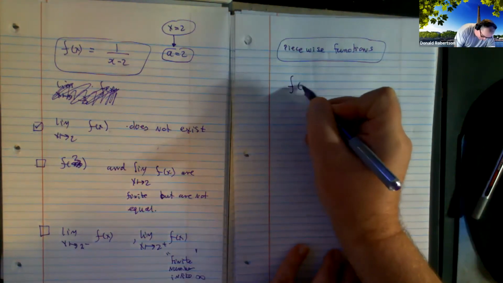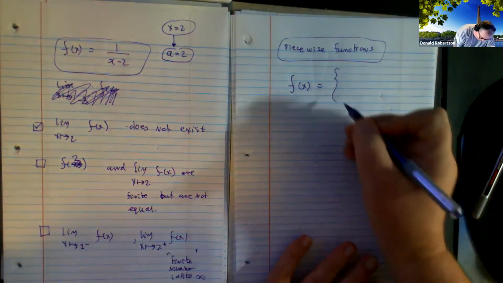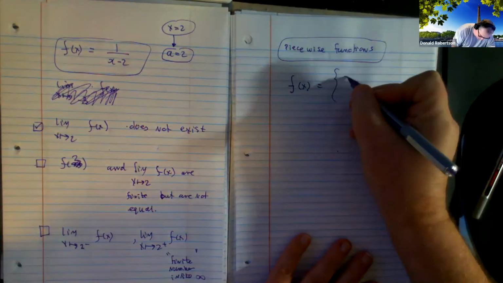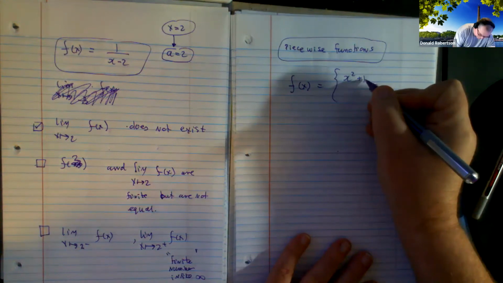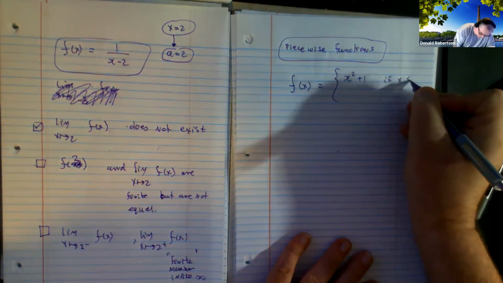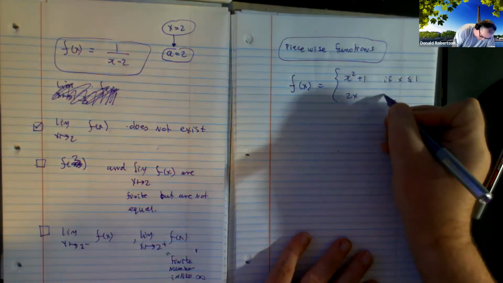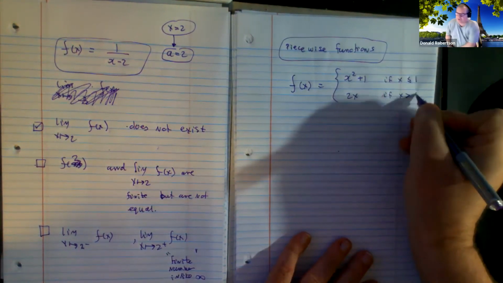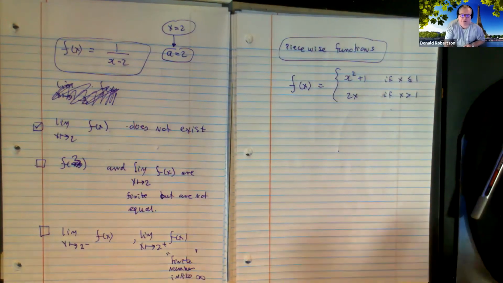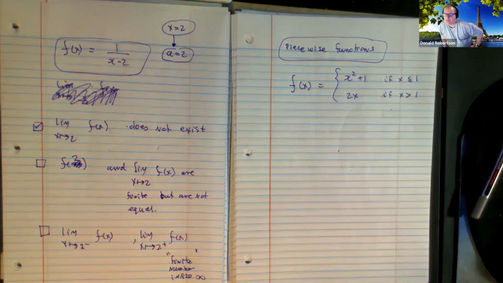A piecewise function is a function where you describe it in terms of things like this. X squared plus 1 is the function, the rule that you use, but you only use it for x less than or equal to 1, and then it's 2x if x is greater than 1. That's what a piecewise function looks like. Does that ring some bells now that you've seen an example, even if you can't remember the name, right?